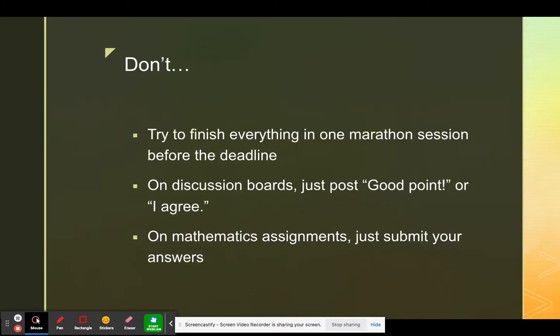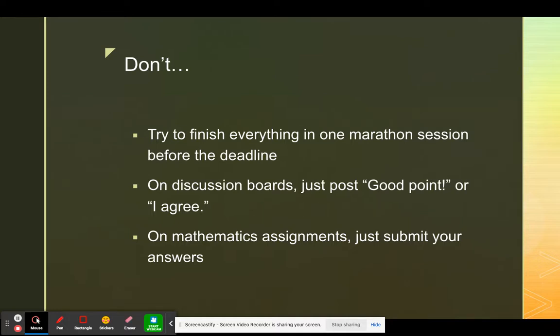Let's take a look at some don'ts. We would really like you to try to not finish everything in one marathon session before the deadline. In particular, that leads to unfruitful discussion boards. As I've taught other classes, the discussion boards really become fruitful when people engage from time to time throughout the week.